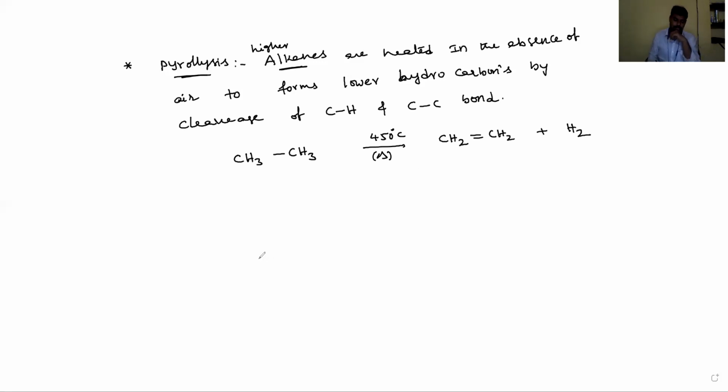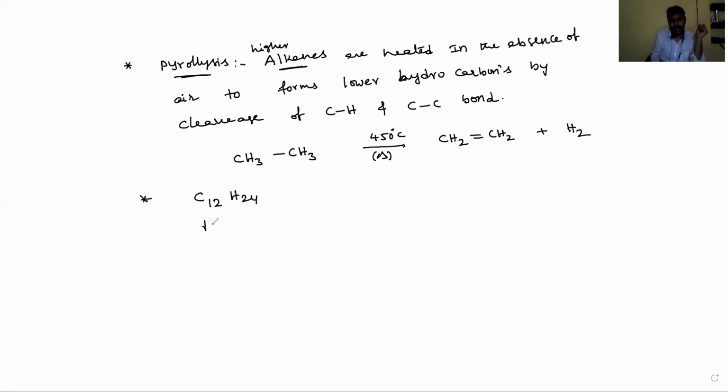Ethene is the product. Okay, this pyrolysis principle is mainly useful in the refining of petrol or petroleum. For example, dodecane means an alkane containing 12 carbon atoms, C12H26.